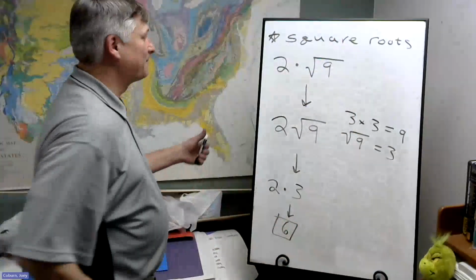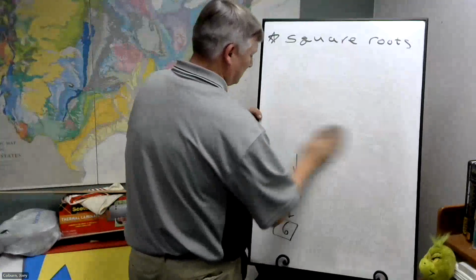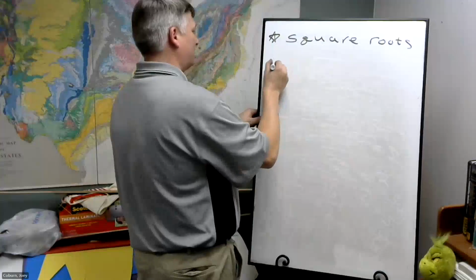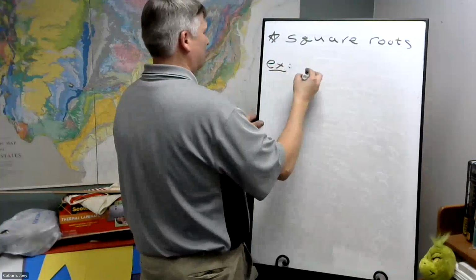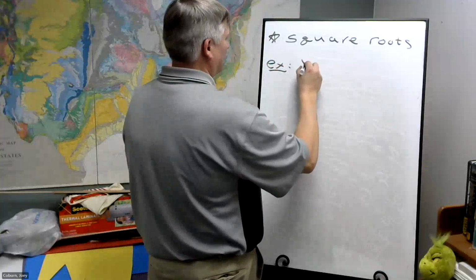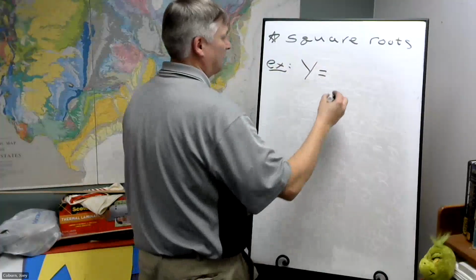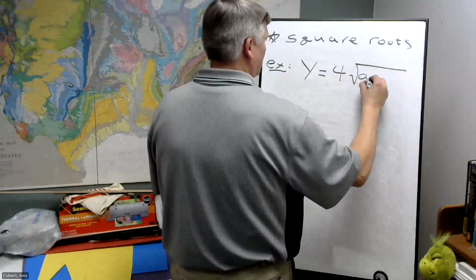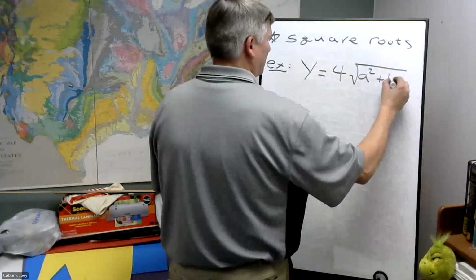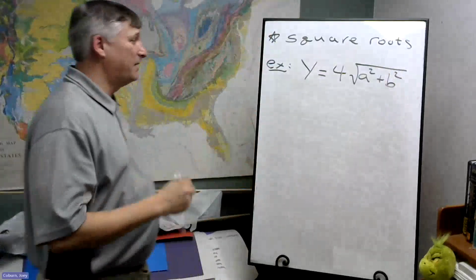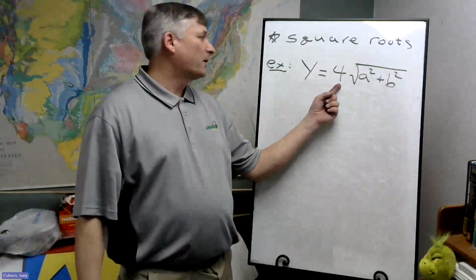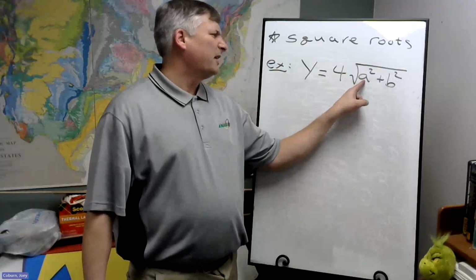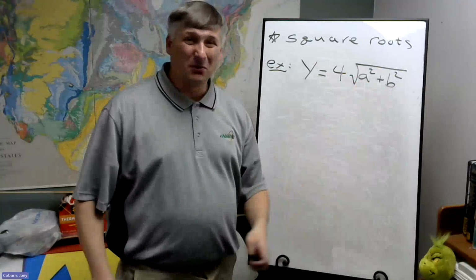So here's a formula. Suppose we have this: 4, invisible times, the square root of a squared plus b squared.